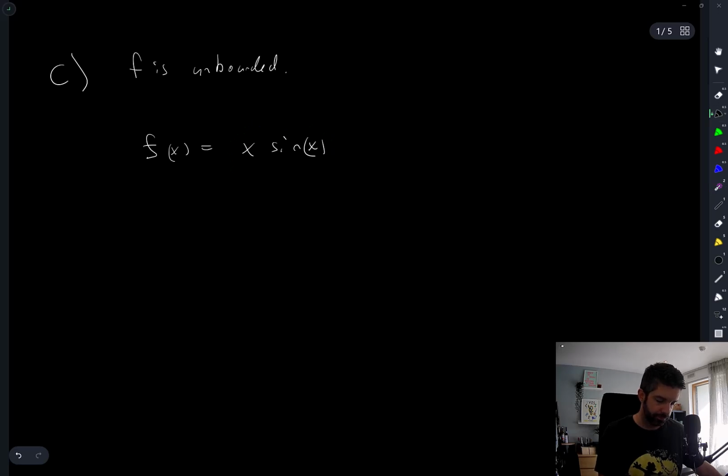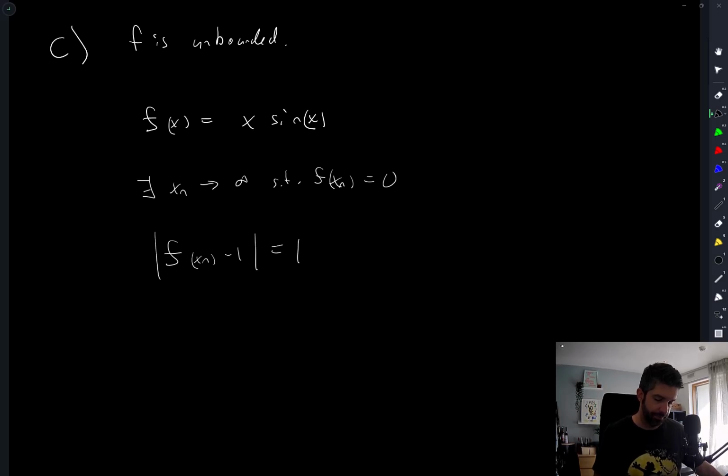So there exists a sequence xn which goes to infinity such that f of xn is equal to 0. So this means that |f(xn) - 1| is equal to 1.